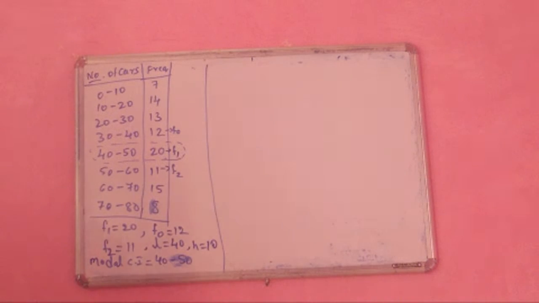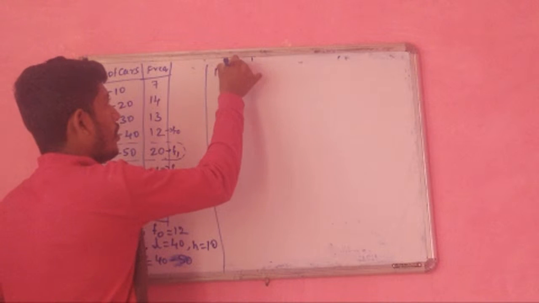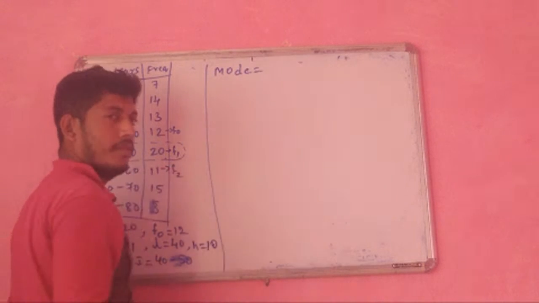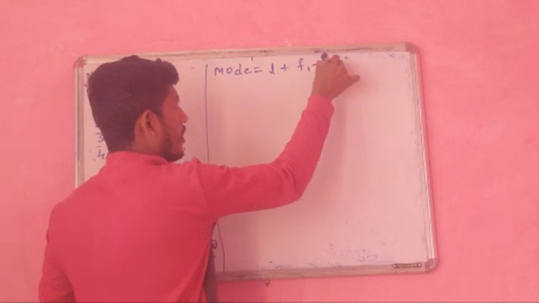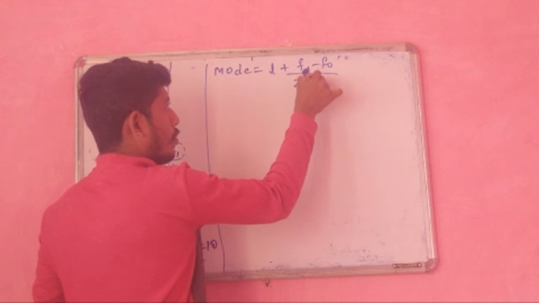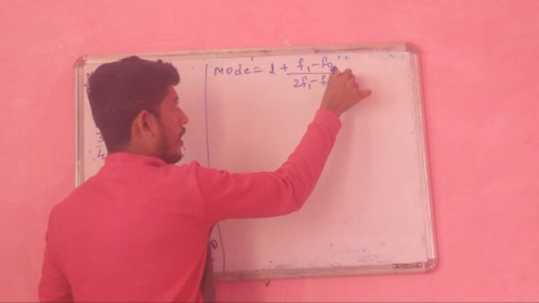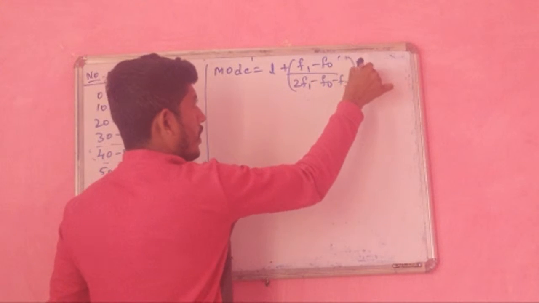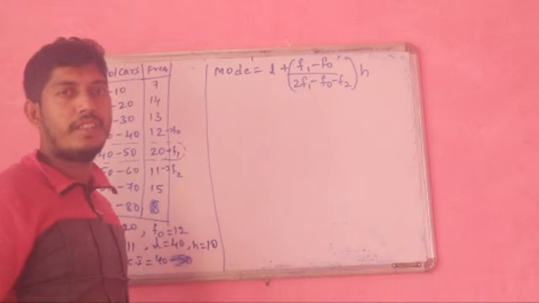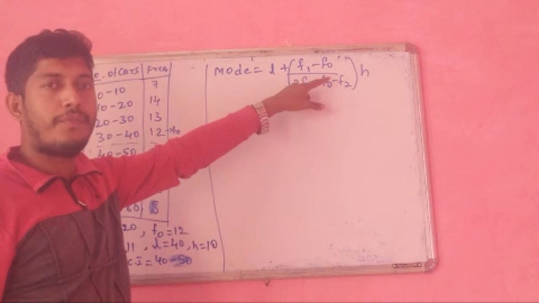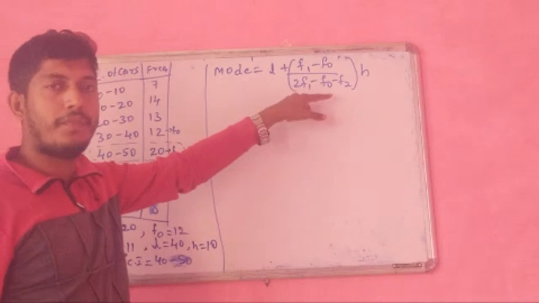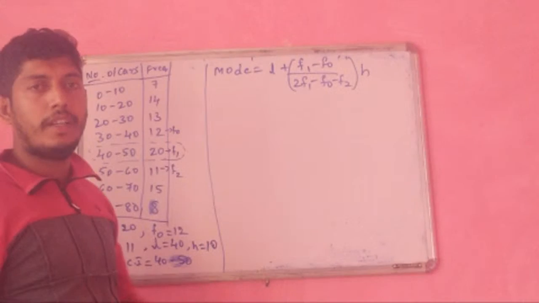So I will write the formula: mode equals L plus (f1 minus f0) divided by (2f1 minus f0 minus f2), into h. Okay, this is the formula.